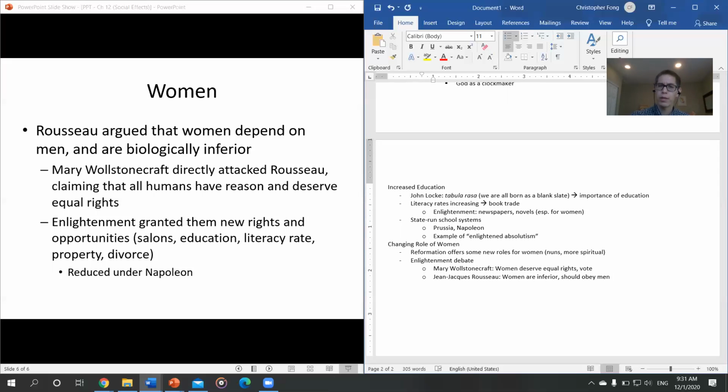And so during the Enlightenment, there was a debate around whether women were deserving of the rights of man that men got in the Declaration of the Rights of Man and Citizen, for example. Now, despite that debate, there was one key step forward for women, which is that wealthy women would host salons.